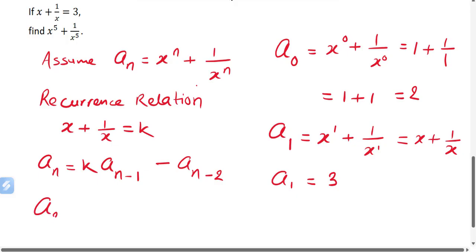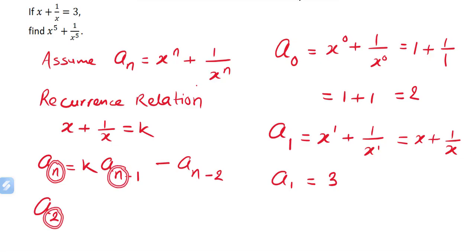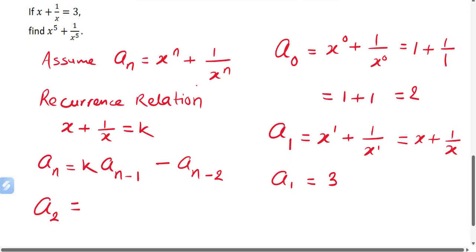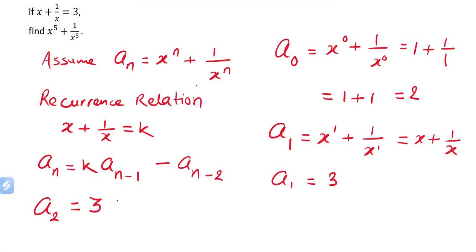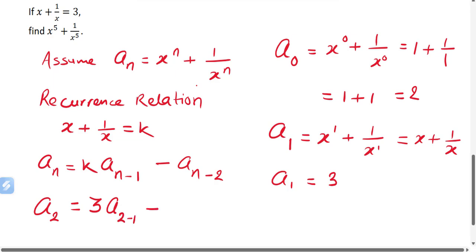So this n is replaced by 2. Same here, 2, and this one also 2. Now we can write this relation: k a 2 minus 1 minus a 2 minus 2.